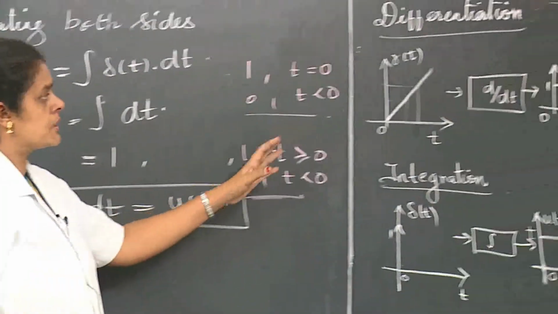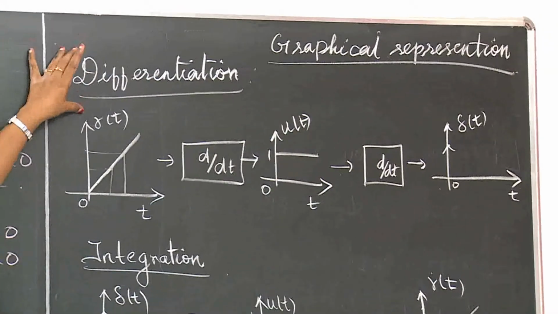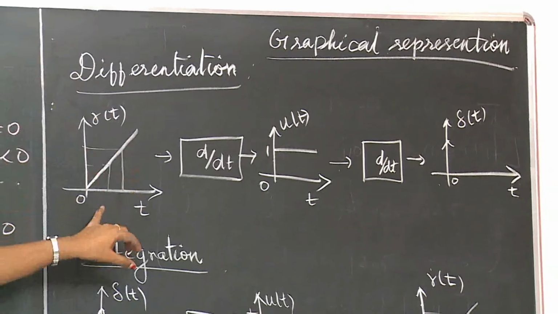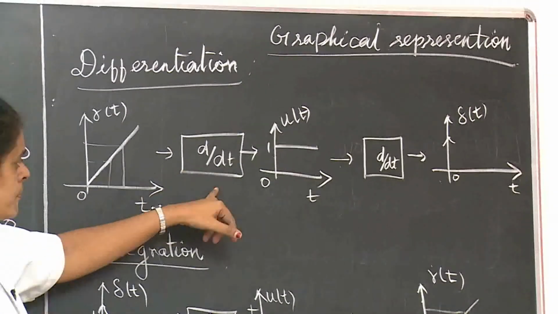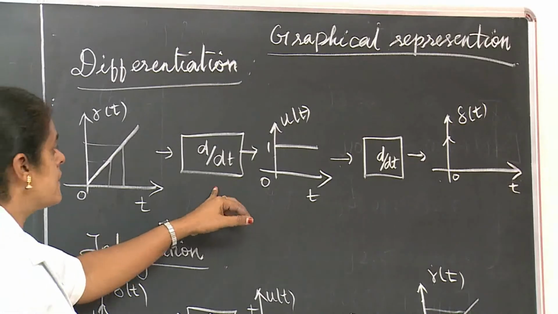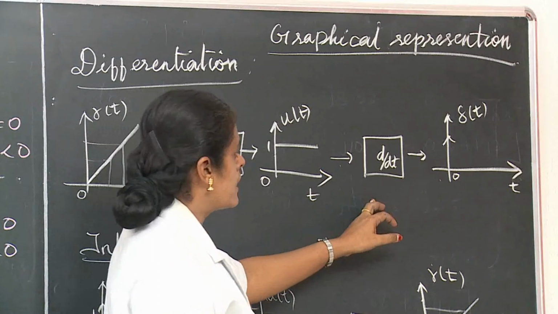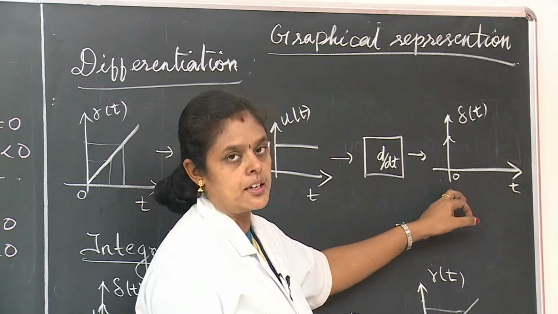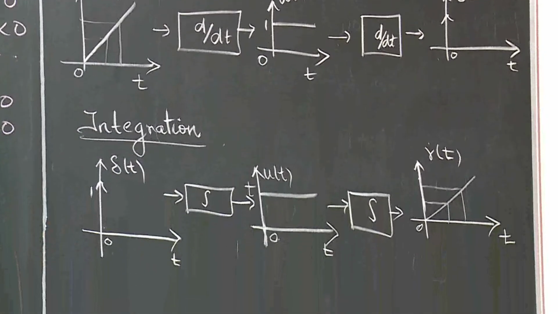Now we discuss the graphical representation. First you use a differentiation block. You apply R of t to the differentiation function, then we get u of t. Again the differentiation is applied and we get del of t. This is the differentiation process. Next we go for the integration process.